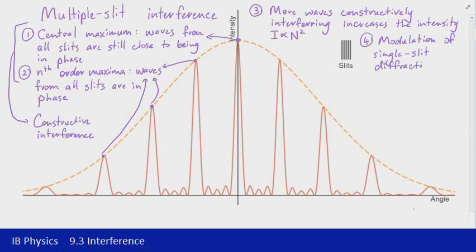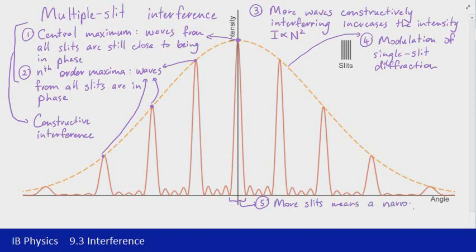So for each of those patterns that we saw, we definitely had that same idea of single slit diffraction affecting all of the maxima. The next point was to do with the width of the central maximum, and so the key thing there is basically just that more slits leads to a narrower central maximum.